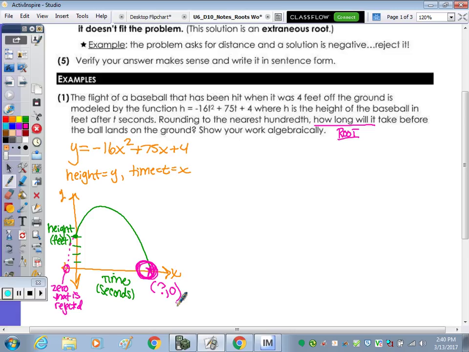So that's a root. So looking at the equation, 0 equals negative 16x squared plus 75x plus 4. Which method would you like to use? Would you like to complete the square? Would you like to use quadratic formula? Or would you like to factor?